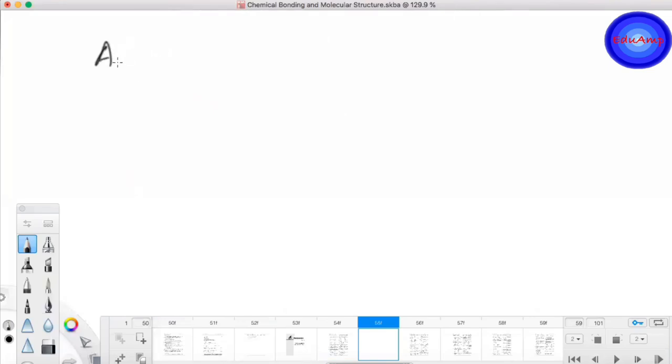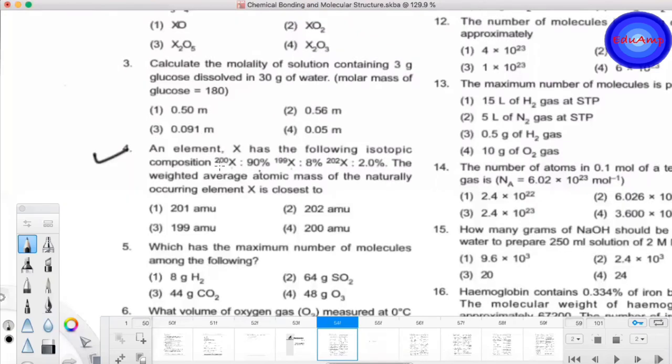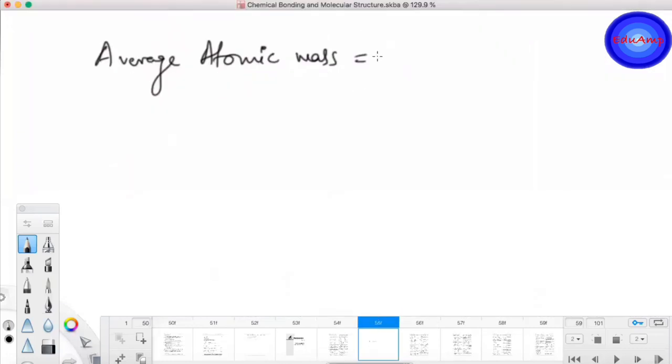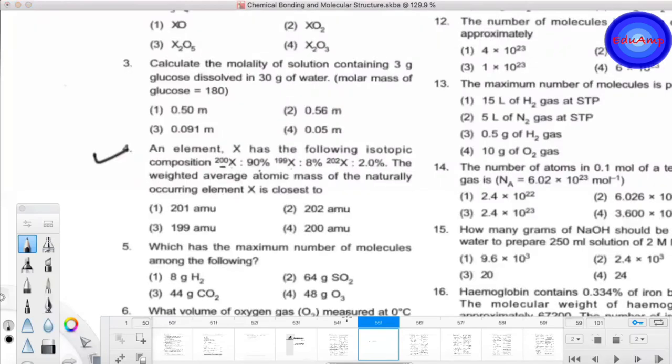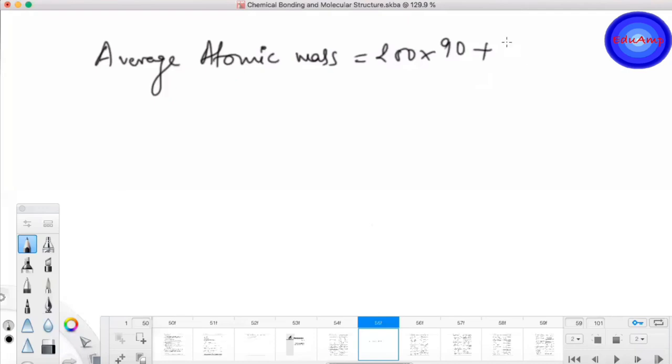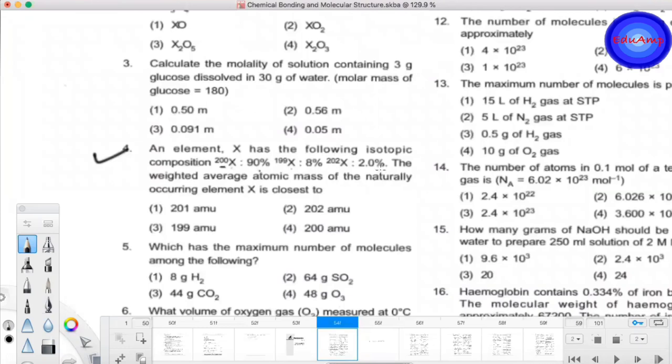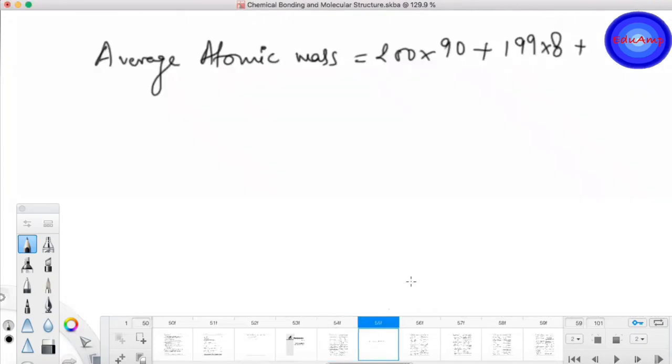So average atomic mass will be equal to 200 into 90, plus 199 into 8, plus 202 into 2, divided by 100.